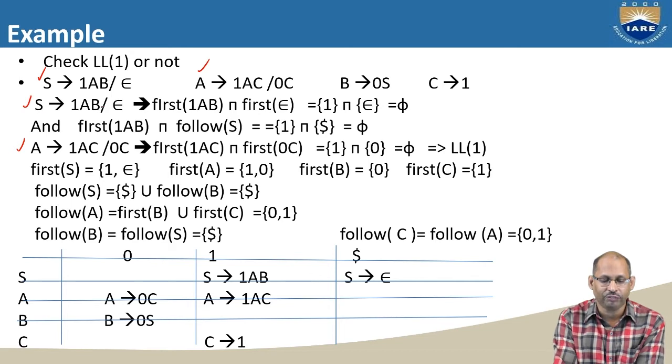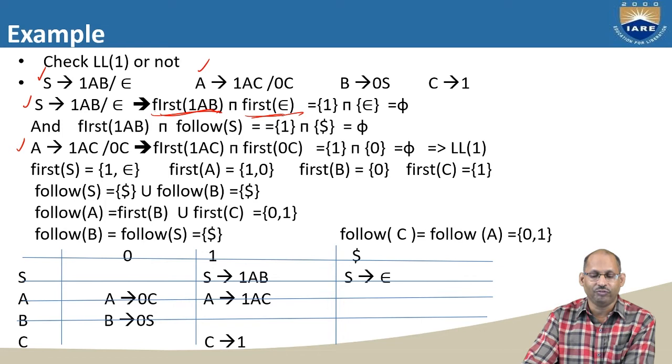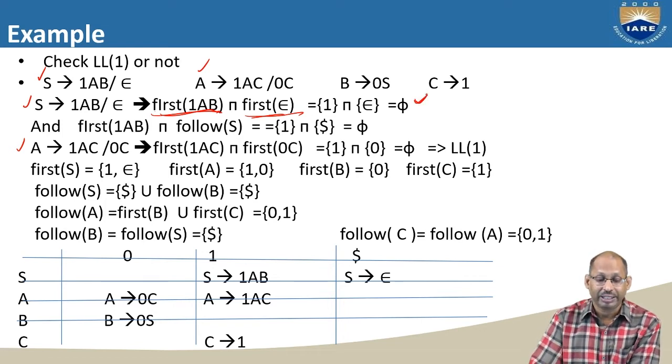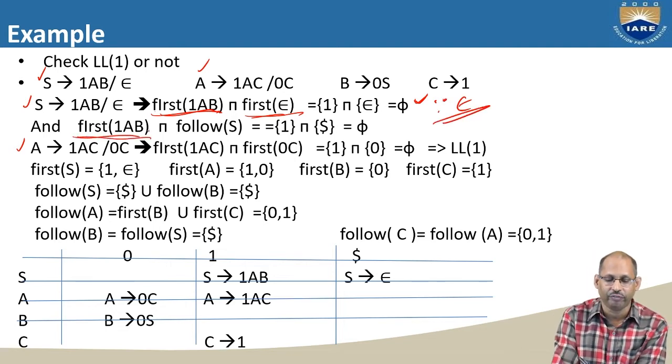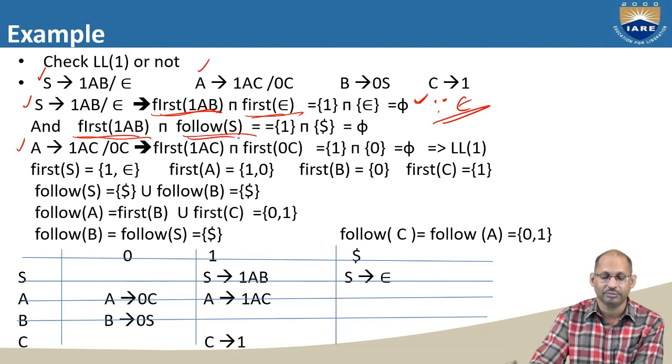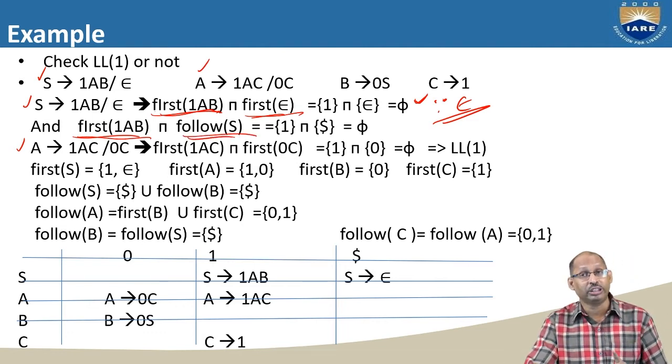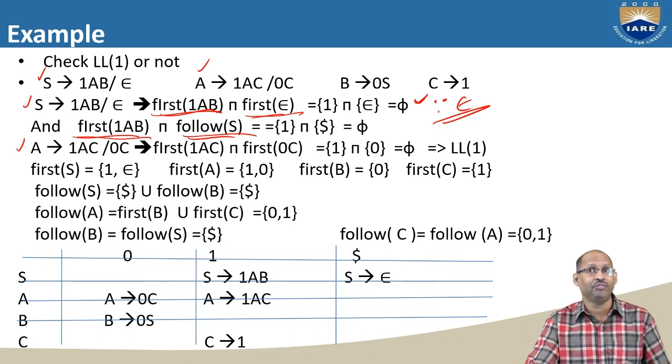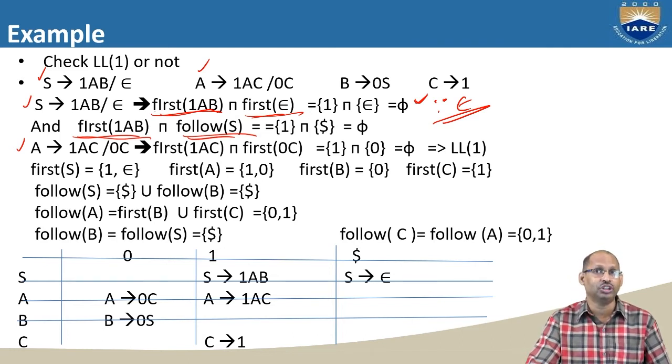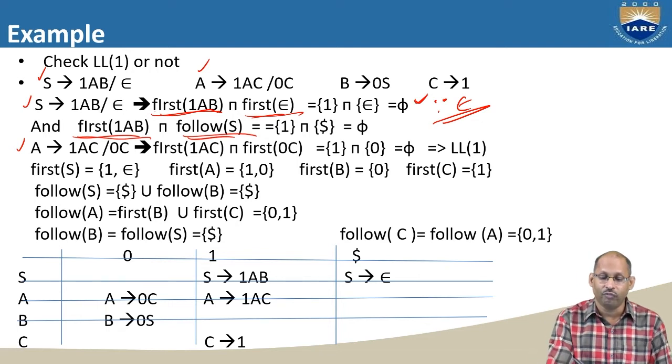So here first of S, this one. We consider first of 1AB intersection with first of epsilon. So condition 1 is satisfied. But since one production is epsilon, we must check first of 1AB and follow of S. We consider the intersection of the first of the other production with the follow of S, which is 1 and dollar.